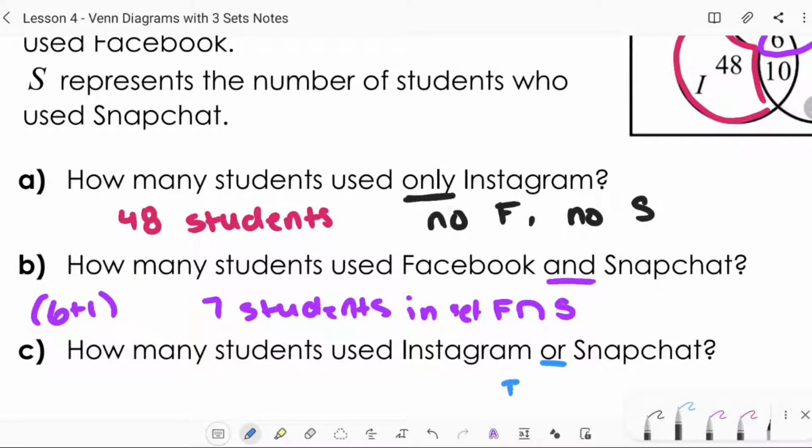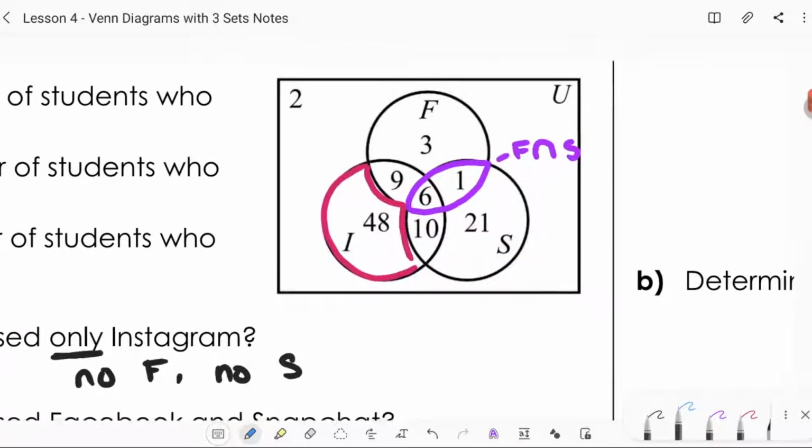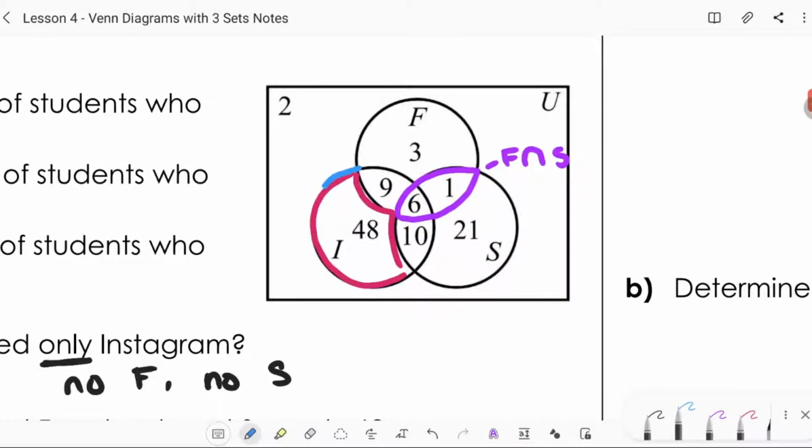How many students used Instagram or Snapchat? So I'm looking at I union S. So that would be everything in Instagram and everything in Snapchat and everything they share, right? Just everything except for people who used exclusively Facebook and neither Instagram or Snapchat. That would be the opposite, the complement.